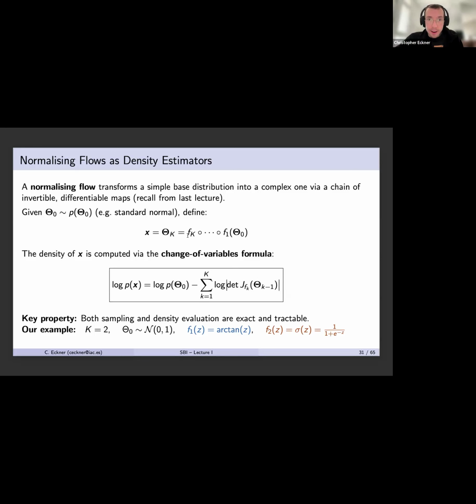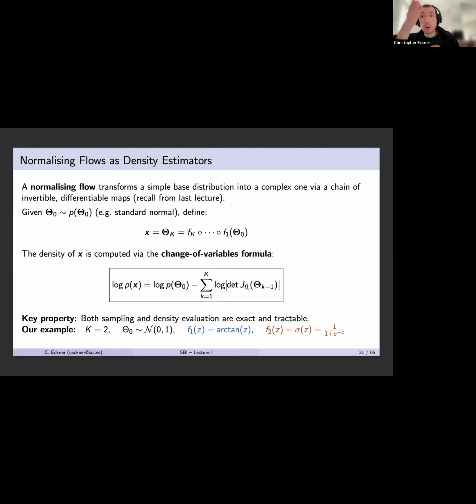And these are exactly the steps of the composition. So what you need to do is to take the Jacobian of your transformation and to determine the matrix that is associated with this for each of the single functions in your transformation.